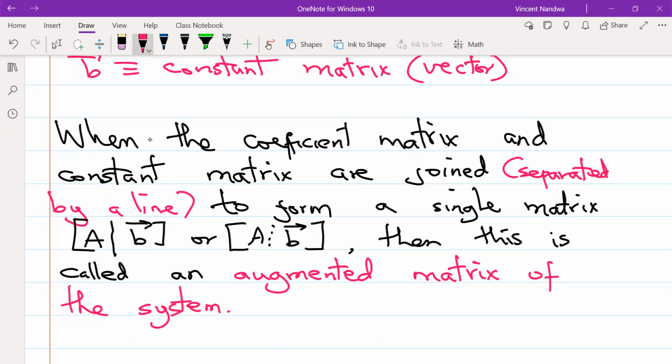So when you pick all the coefficients matrix, separate by a line, write the constant matrix, then that new matrix is called augmented matrix.